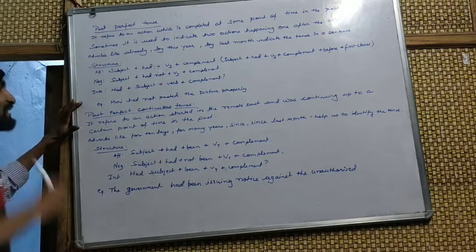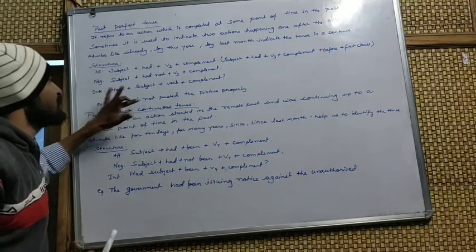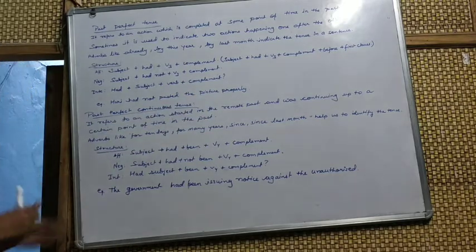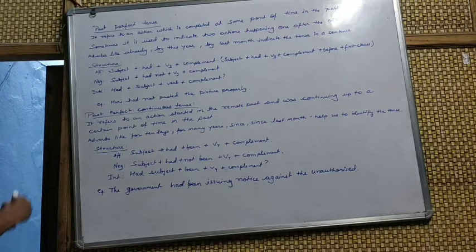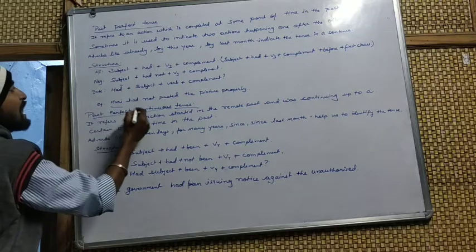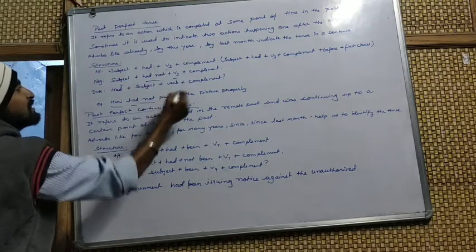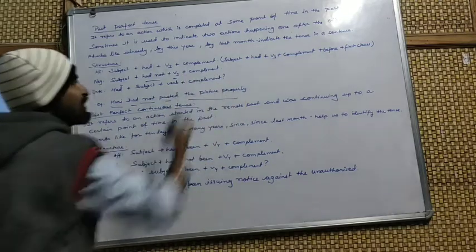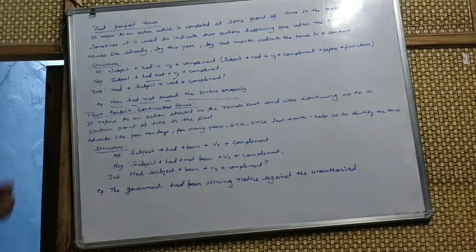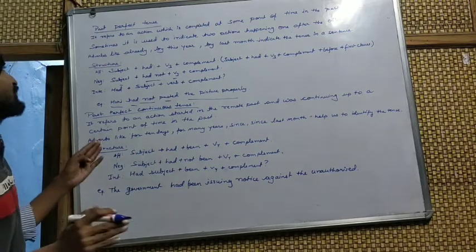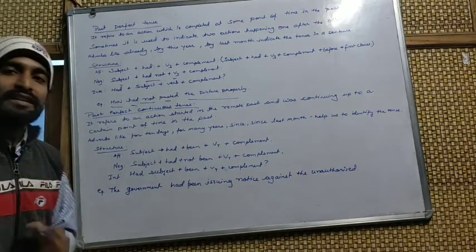Just like I have taken an example, Hari had not pasted the picture properly. Hari is the subject, had not V3, pasted the picture properly is the complement. This is a negative sentence of past perfect tense.